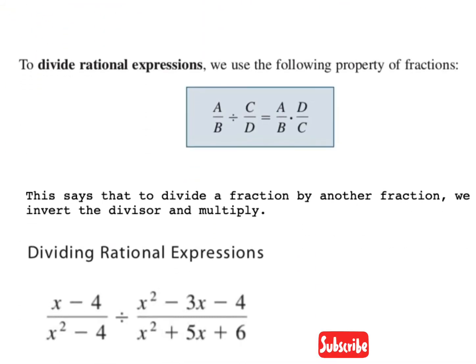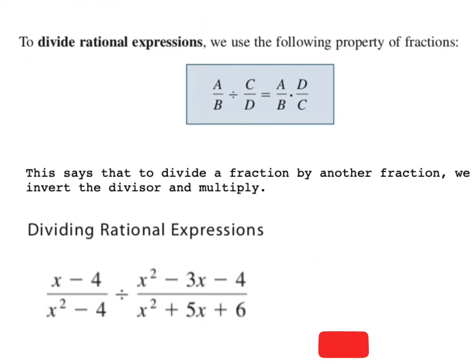Okay, now divide rational fractions. Here again we use the property of fractions, like a upon b divided by c upon d. We can't divide fractions directly, so first we have to convert into multiplication, and the second fraction becomes its reciprocal, like c upon d, so we write d upon c.